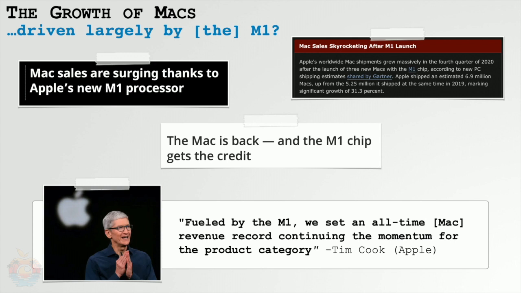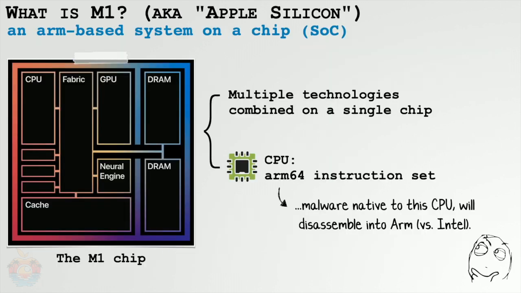On the next slide, we'll dive more into Apple's new chip, the M1, but it's worth pointing out that the argument can be made that it's really driving the increased adoption of Macs. It's an incredible piece of hardware, and home users and enterprise users are taking note. This point is clearly articulated by Apple's CEO as well, who notes that, yes, indeed, this chip is driving the growth of the Mac platform.